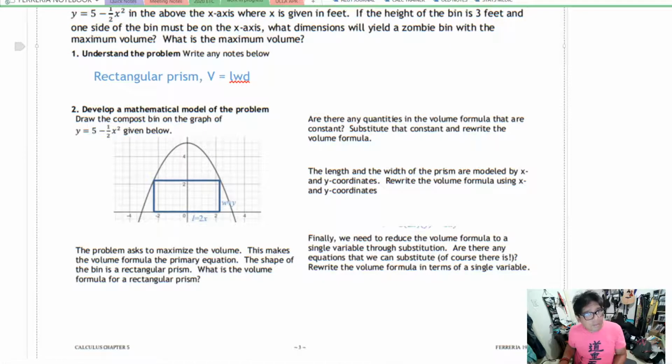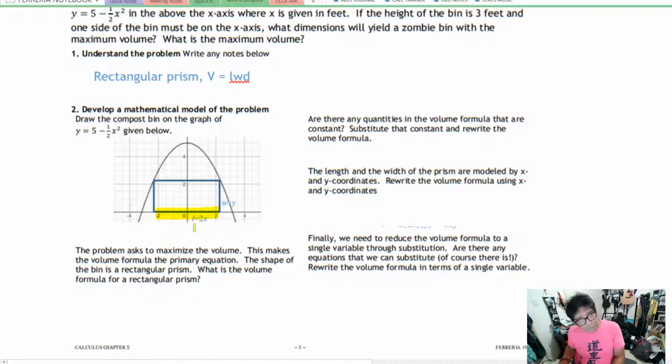And let's talk about the bottom dimension of this bin. This part right here is the length, and that is 2x. It's 2x because this length right here is the same as the x-coordinate right here. But that's only half of the compost bin.